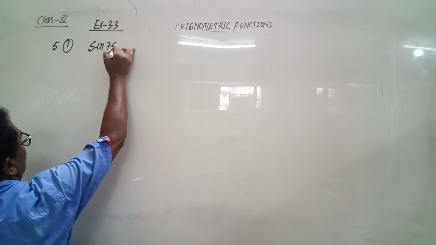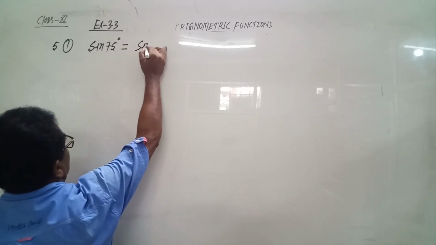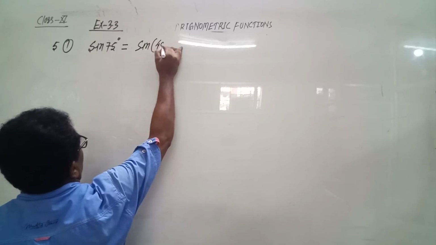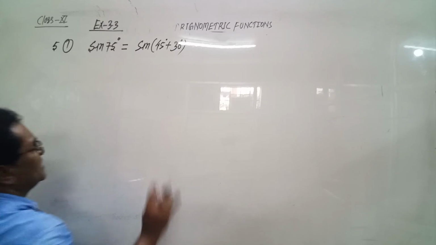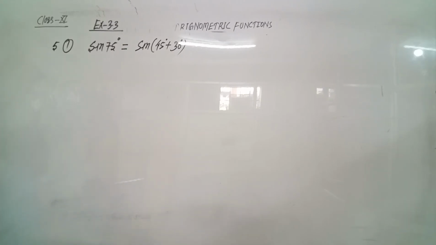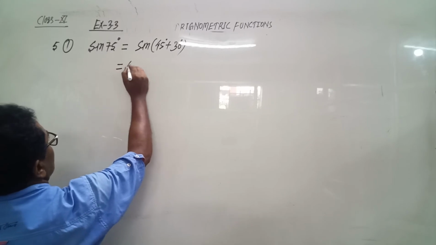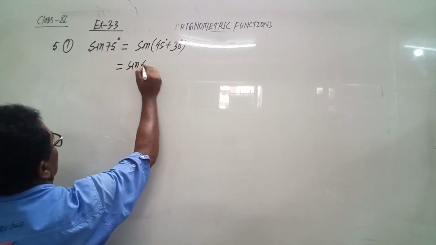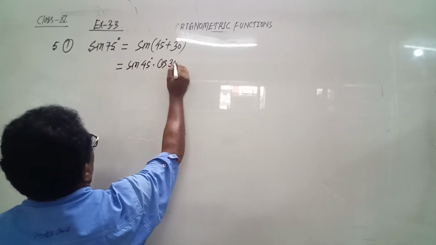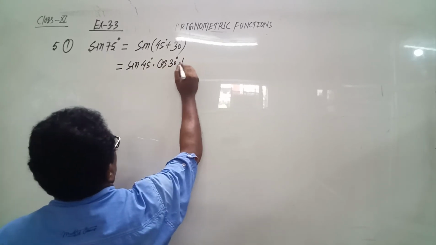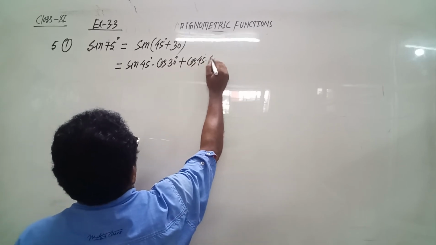So sin 75 degree can be written as sin 45 degree plus 30 degree, and we use the first formula, sin A plus B. So sin A plus B is written as sin A into cos B plus cos A into sin B.